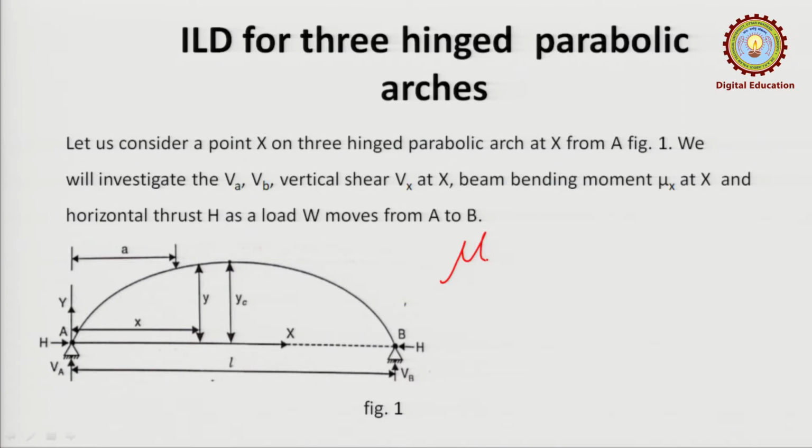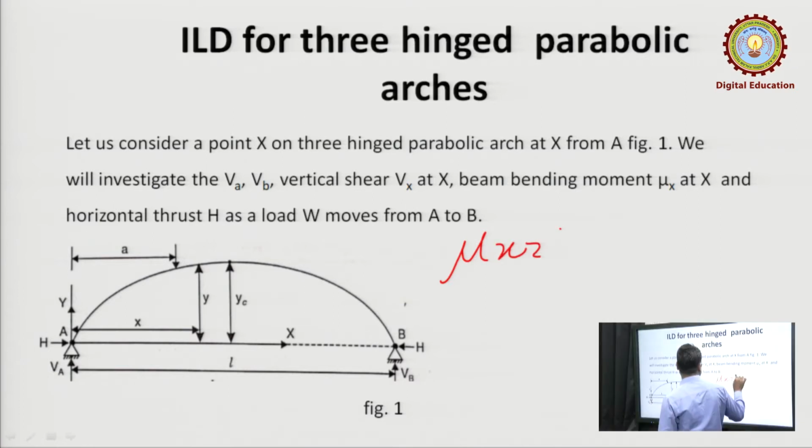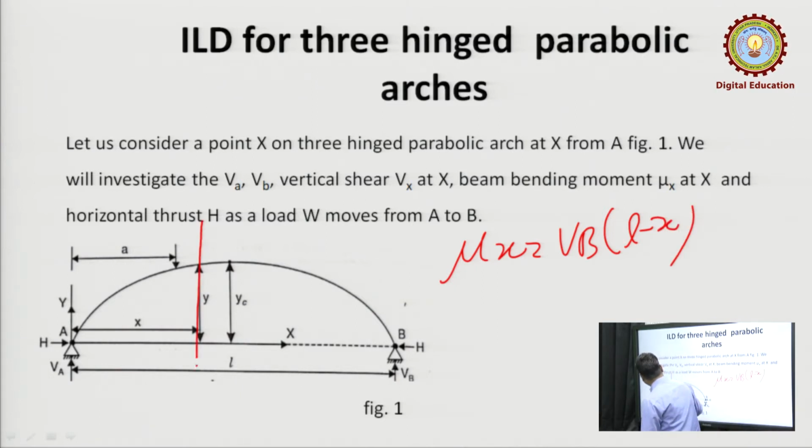The value of the moment at X is VB into (L minus x). This is your section, and this distance is x, so the span length from this point to this point is L minus x.